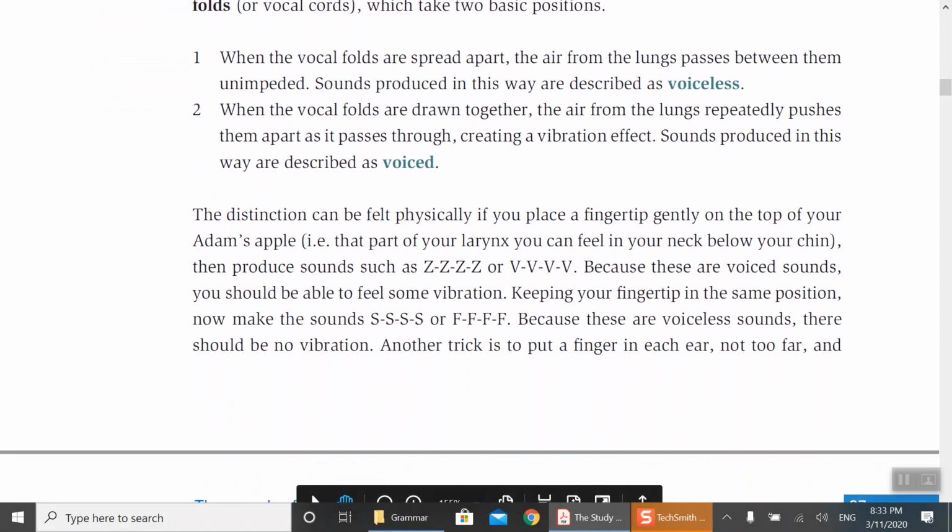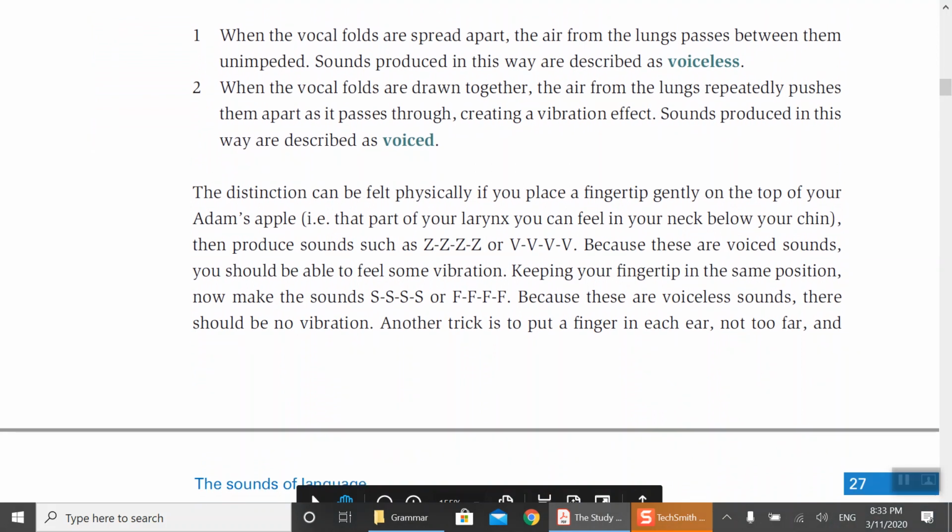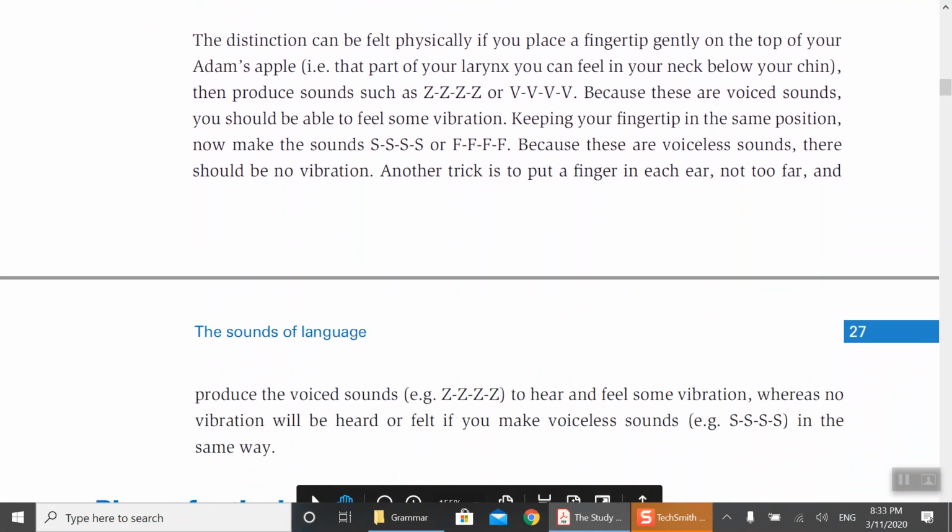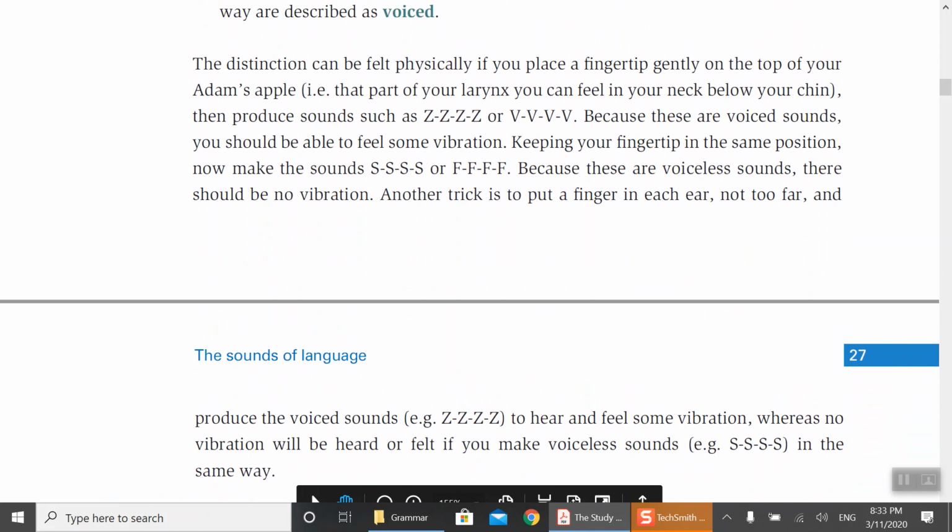You can read them and get some benefit about the difference between vibration when you say s and z. Continue saying s or continue saying z, and put your fingers here on your pharynx, neck, under your mouth. Put your fingers and feel the vibration.